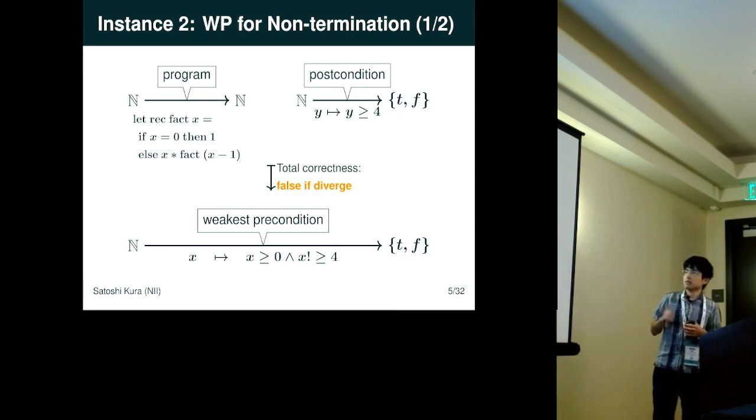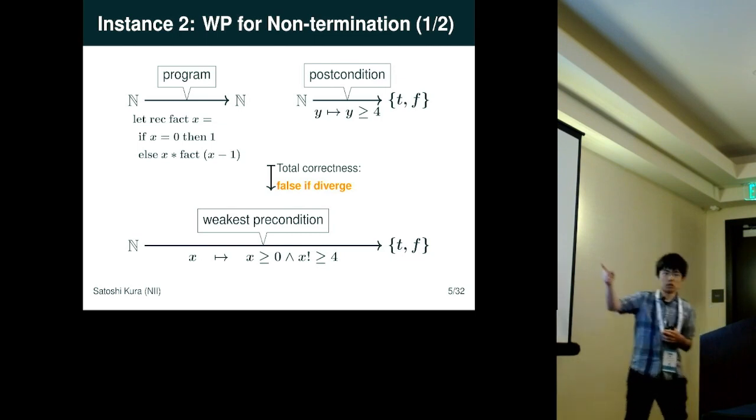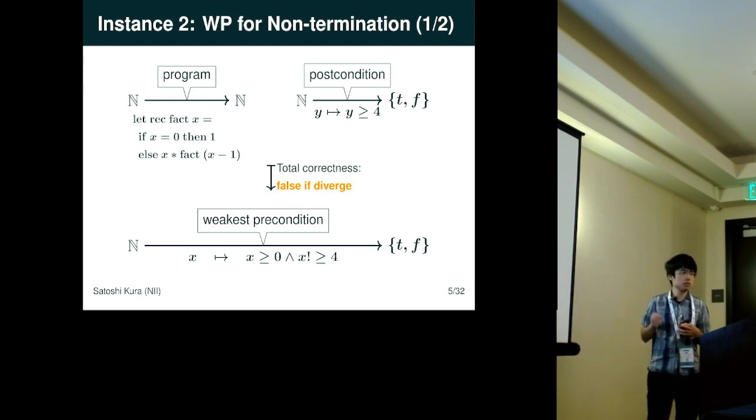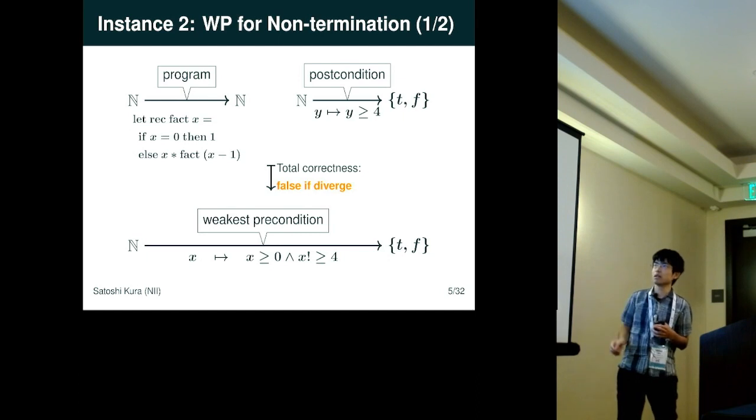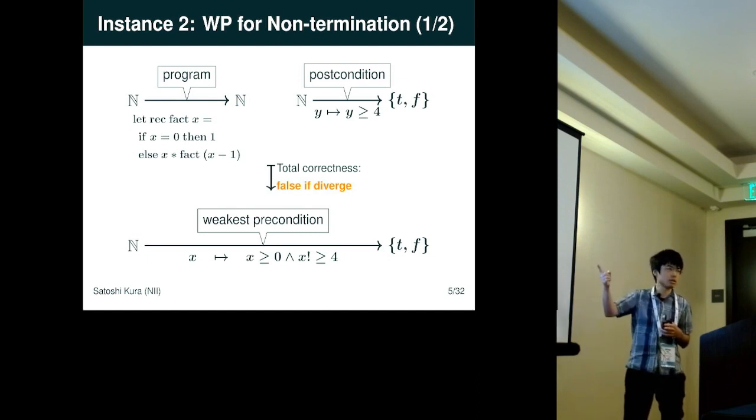And if x is negative, this program diverges. In this situation, there are two possible ways to define weakest preconditions, depending on whether we consider the post-condition satisfied or not when the program diverges.